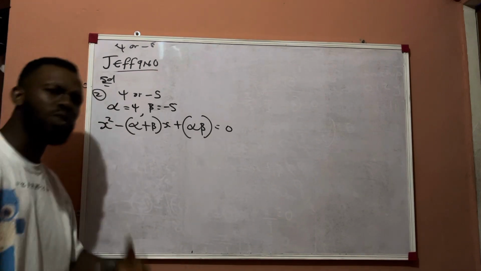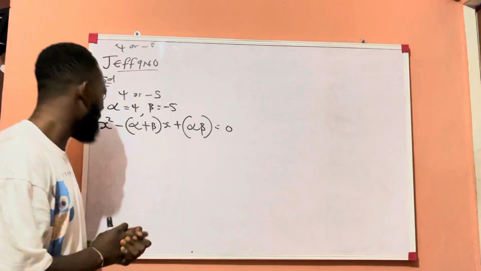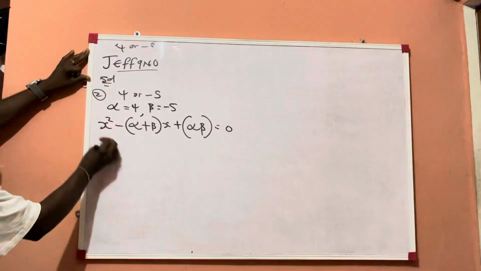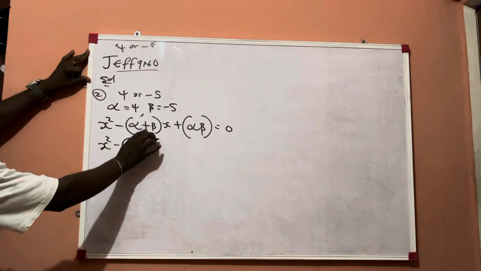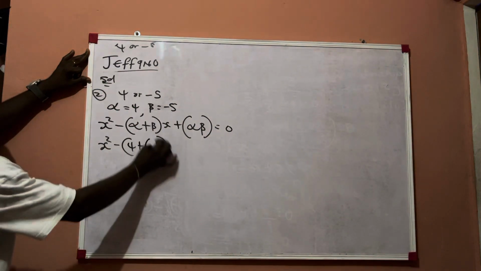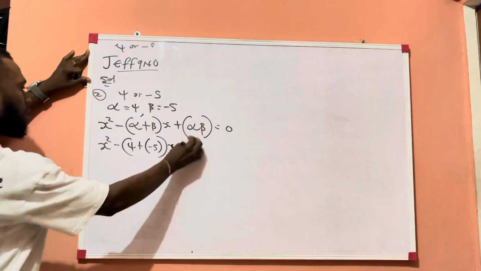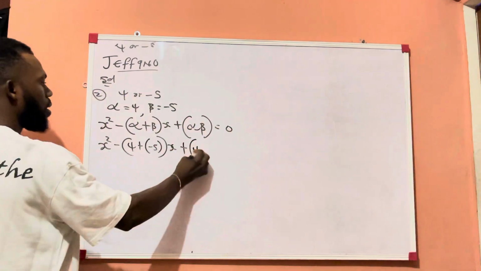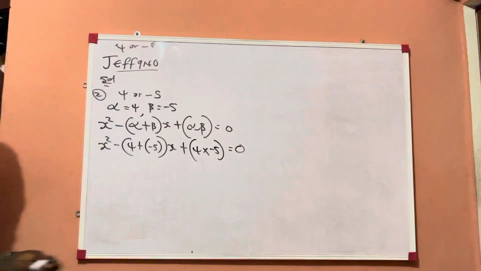Now, substituting the values of alpha and beta into the formula, we have this. x squared minus, now alpha is 4 plus beta is minus 5, then we will give our x plus, now this means multiplication, alpha is 4 times beta is minus 5 equal to 0.